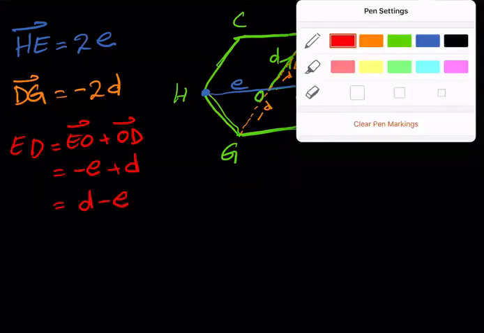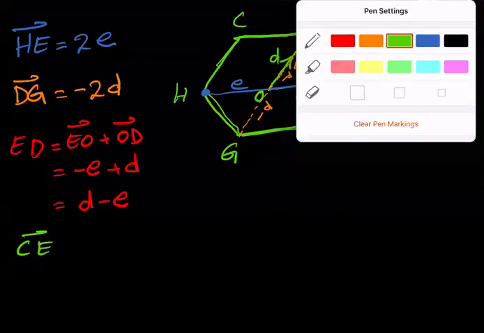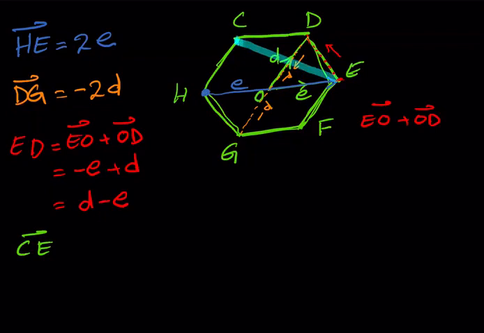The next one is CE. I'll just use a highlighter in this case. CE is this, from C to E. I don't have the length of this diagonal, so I need to go through the routes which I know, because this is a regular hexagon.